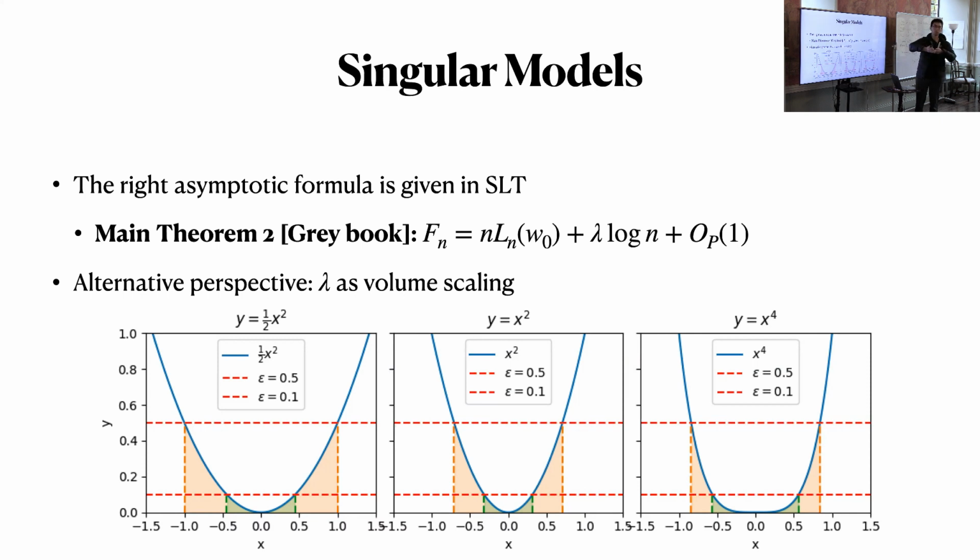So the idea is that the volume of the set x such that y as a function of x is less than some epsilon is the volume that you can think of as good enough solutions, right?